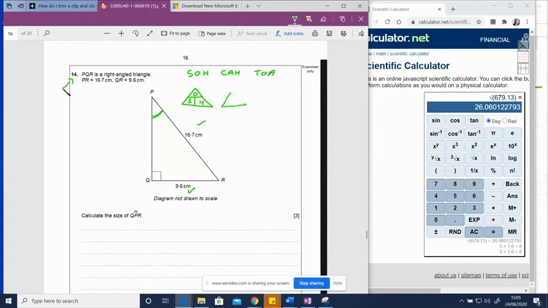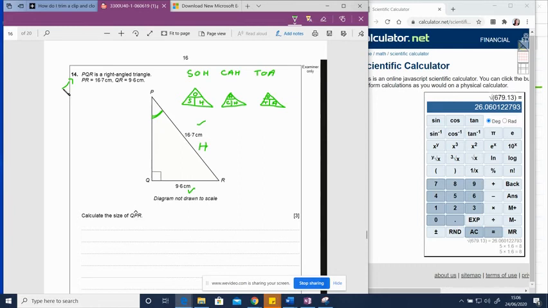The cos of the angle is equal to the adjacent side over the hypotenuse. And finally, the tan of the angle is equal to the opposite over the adjacent side. Then I'm going to label the sides on my triangle. This is the hypotenuse.